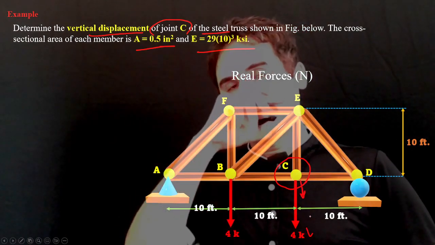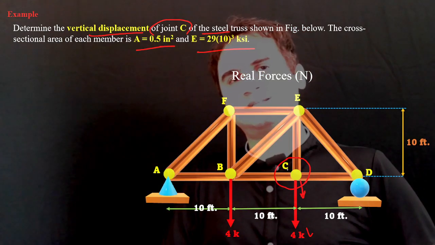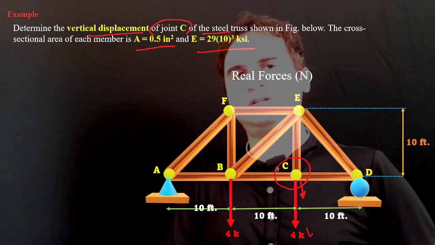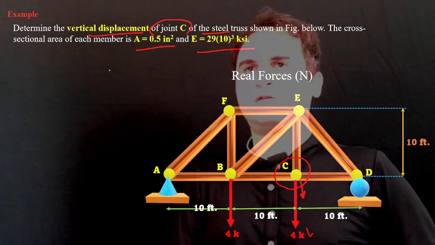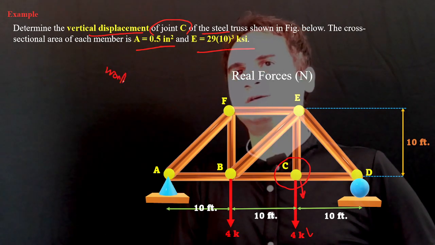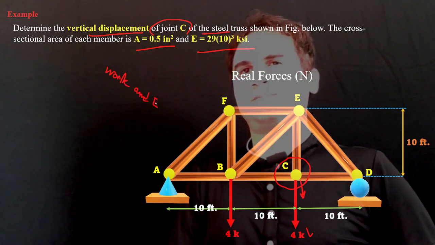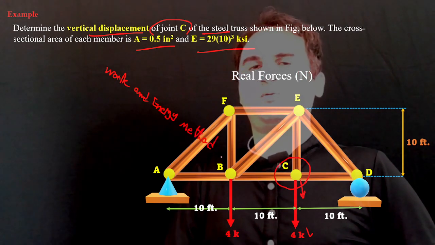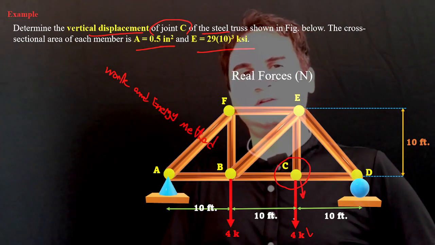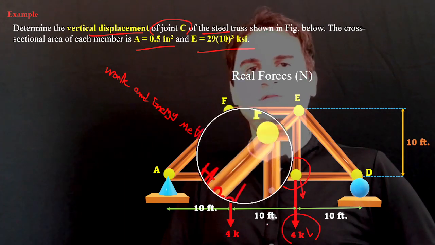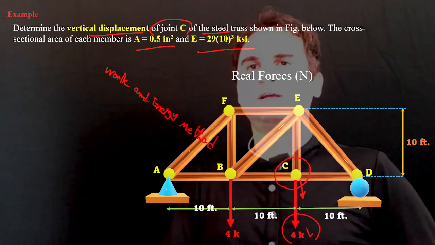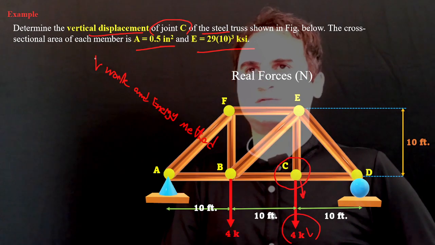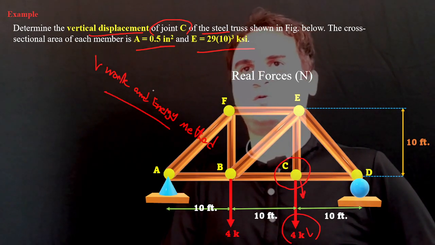At the very first glance, it seems that we can solve this problem with the help of the work and energy method. But if this 4K was the only force applied to the structure, that would be fine to solve the problem with the work and energy method.